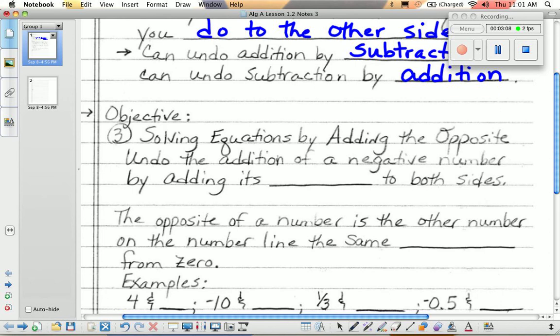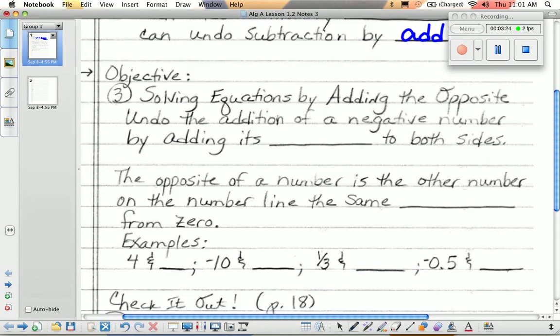But what did they add? They added a positive 8 because that is the opposite of negative 8, isn't it? Here's our thought process: when a negative number is being added, we're going to add its opposite to both sides.